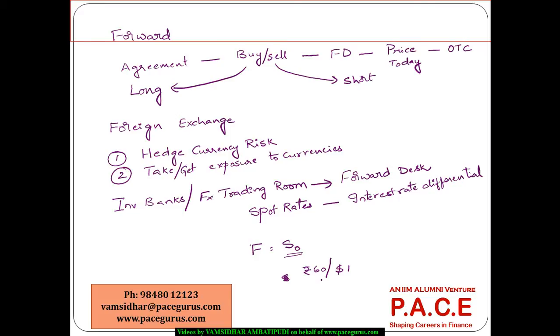If I'm an Indian and the domestic currency is the Indian rupee, then for 1 unit of a foreign currency, I'm talking about 60 units of the domestic currency. That is what I'm calling the spot rate, and I will multiply it with the risk-free rate of interest in the foreign country, divided by the risk-free rate of return in the domestic.